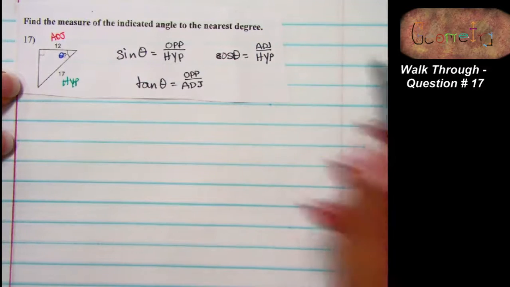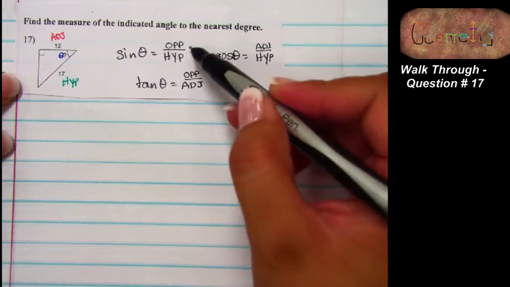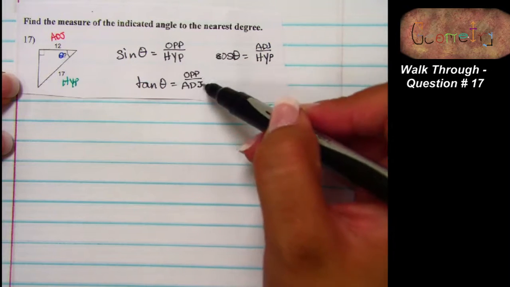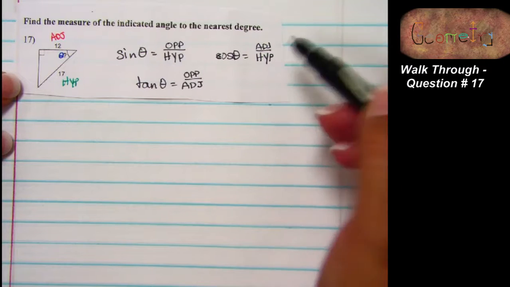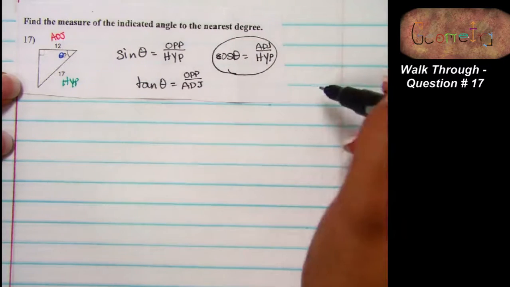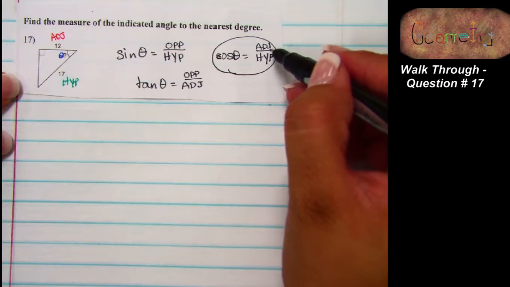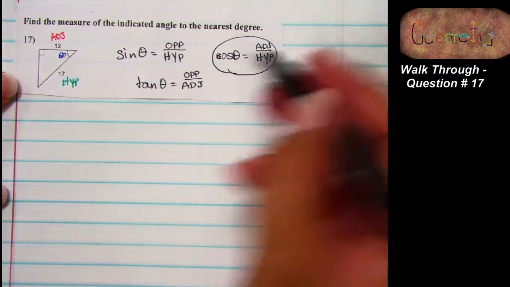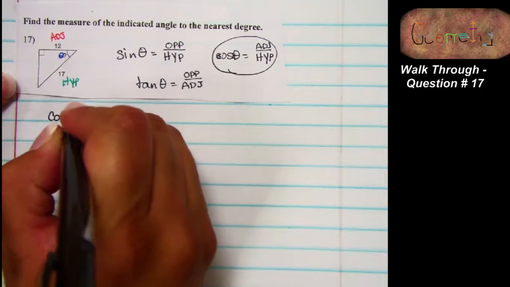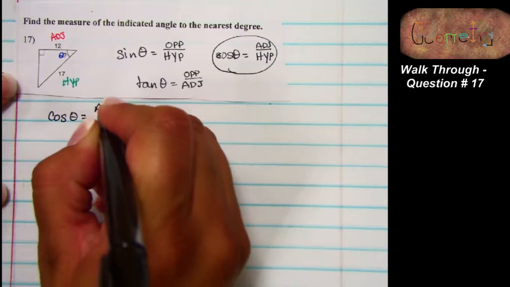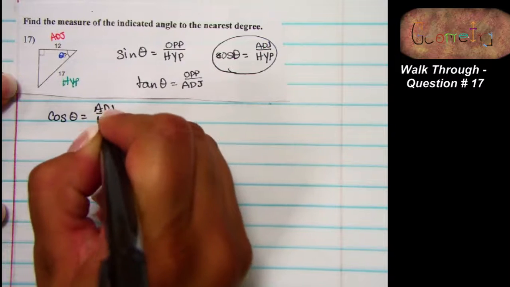Using that information, we can look to see which one of these trigonometric ratios we have the information for. That's this one, the cosine, because we have information on the side adjacent and on the hypotenuse. So I'm going to go ahead and rewrite that trig function, and then we'll start substituting for what we have.